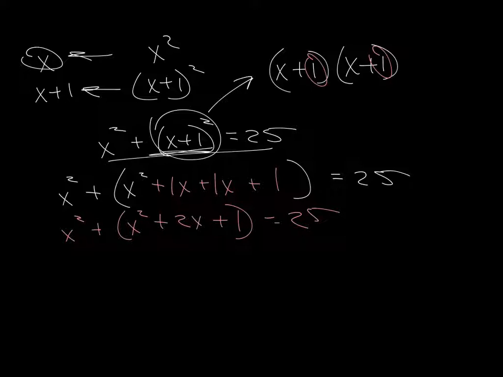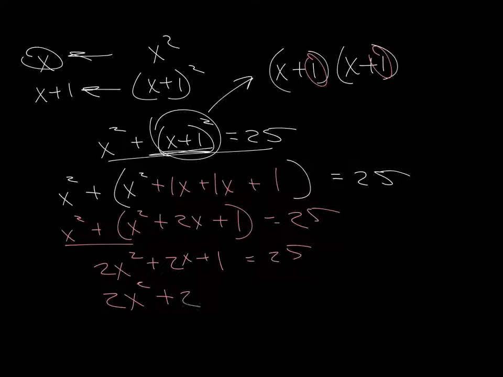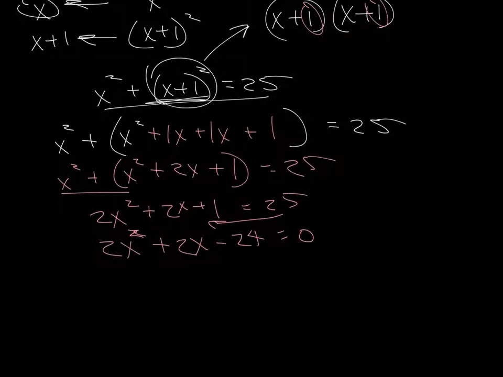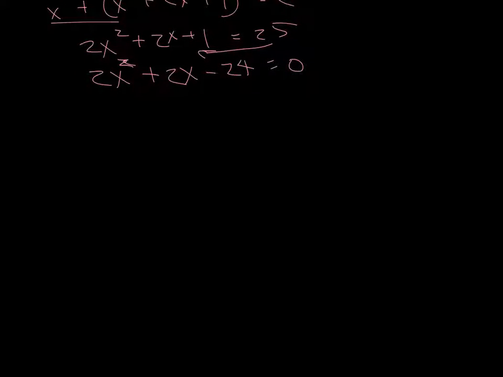Okay, now let's add these two. Alright, now we have to set it equal to 0. Okay, I'm assuming you know what I did there. I subtracted 25 from both sides, and 1 minus 25 is negative 24. Alright, let's move all that up.